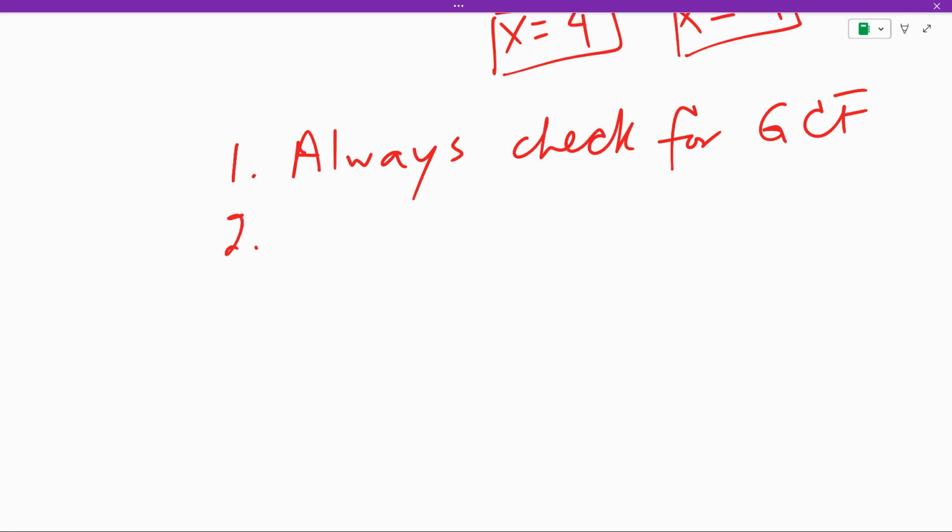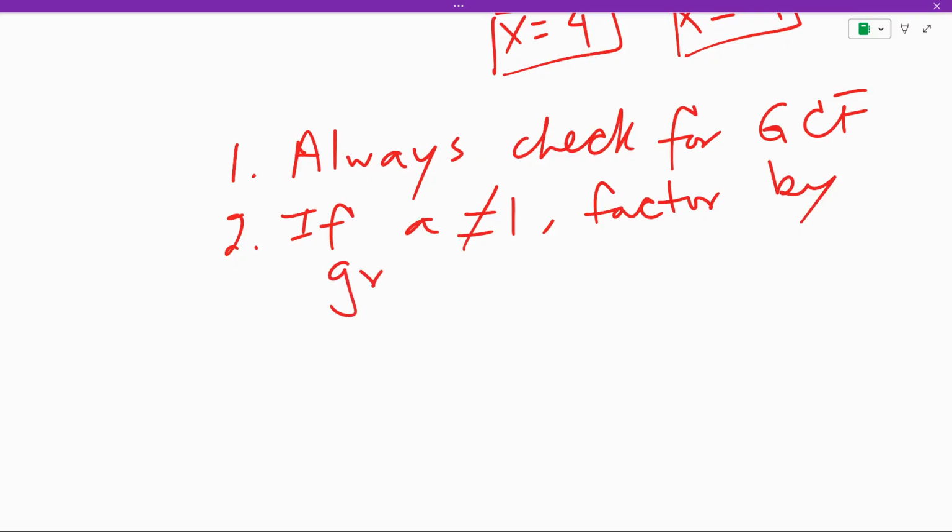All right, and if a is not equal to 1, factor by grouping. And plug answers back into the original equation if you want to check for mistakes.